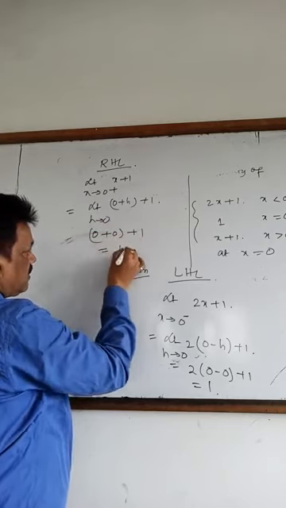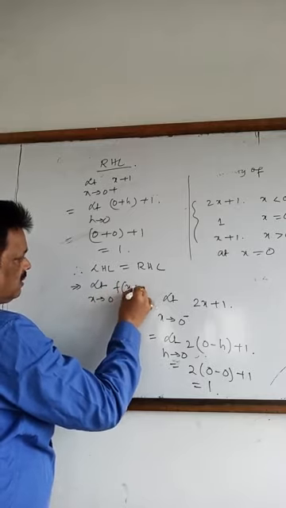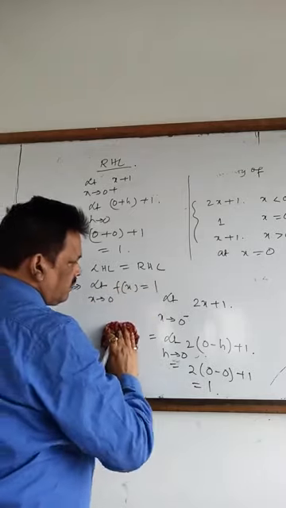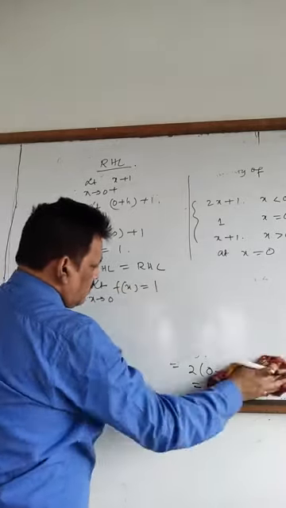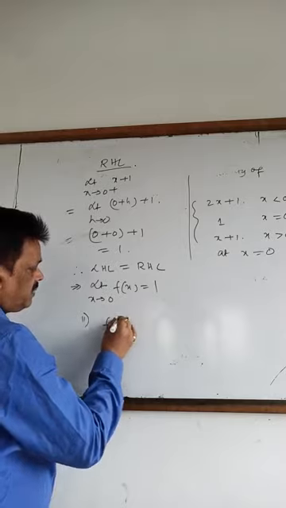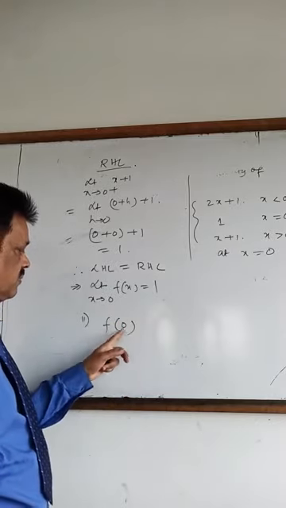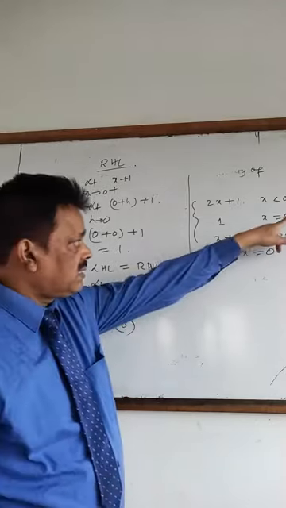Then what do I have to do? Therefore, left hand limit equals right hand limit means limit x tends to 0 of f(x) became 1. So when the limit exists, we go to find the functional value. Functional value means f(0). F(0) means x equals 0.